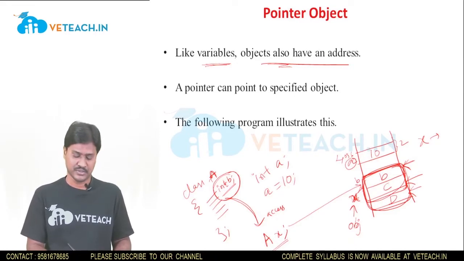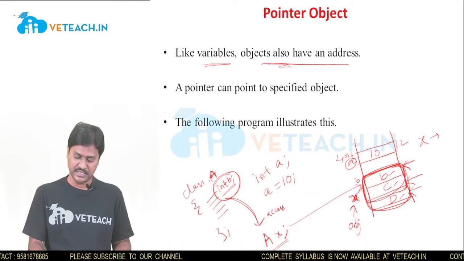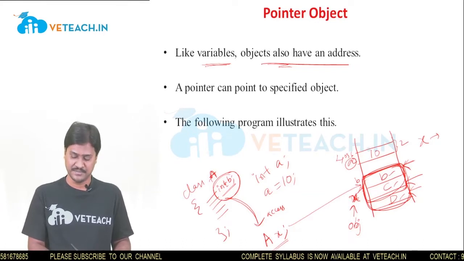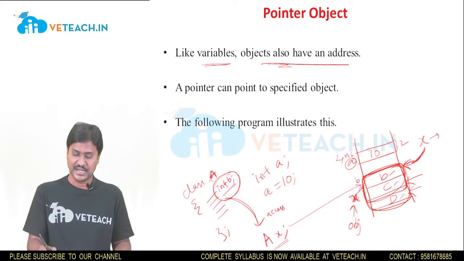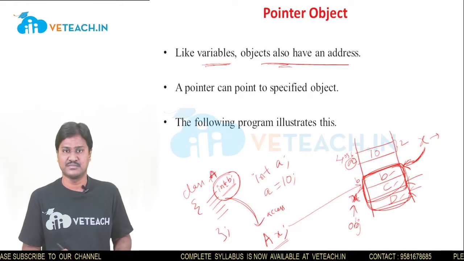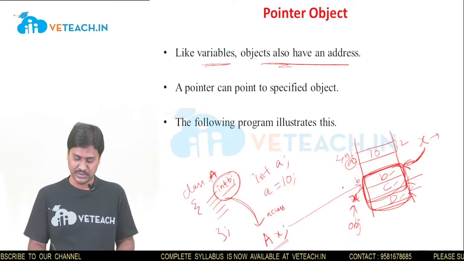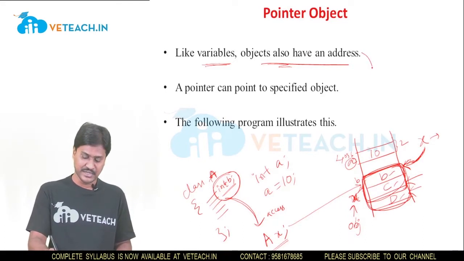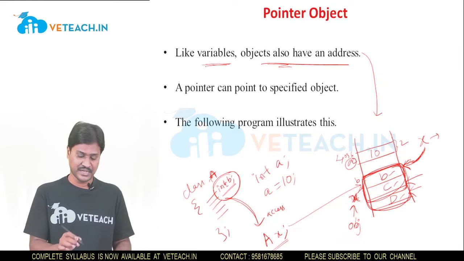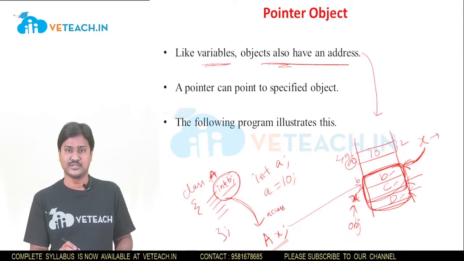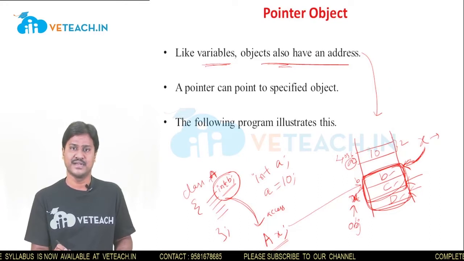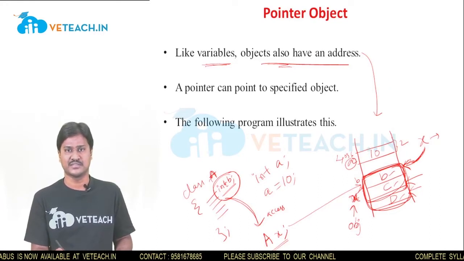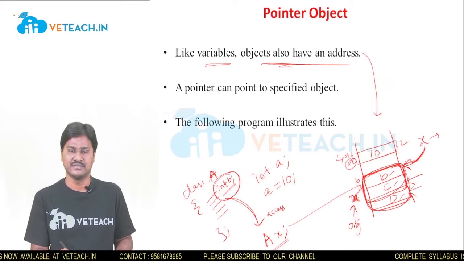There I defined b, c, d as member variables of the class, so x is an object which holds the starting address, that of the first variable of the class members, that is b. This clearly indicates that like a variable, objects also have an address, and the address is nothing but that of the first data variable defined in your class, held by the object of the same class.